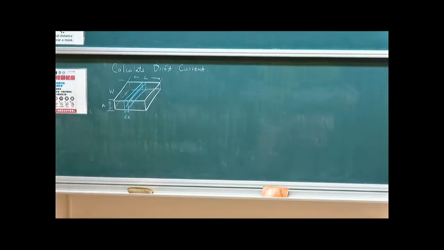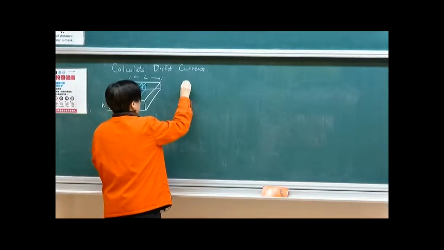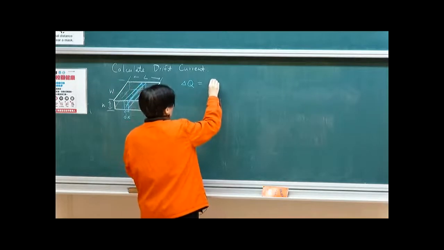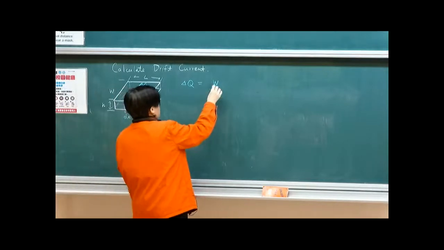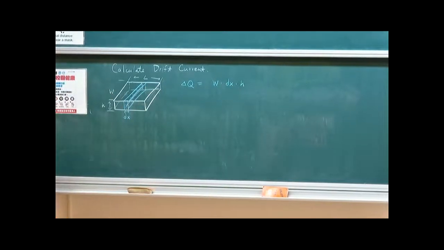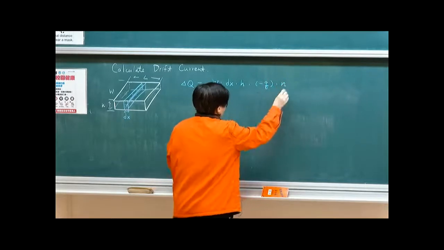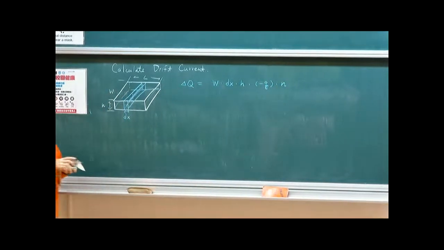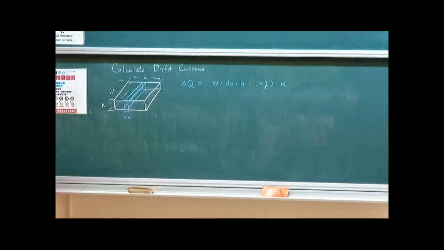The amount of charge within this box, the blue box, will be delta Q. It will depend on the total volume of this block, which is W times delta X times H, and times the amount of charge, which is minus q. Let's use the N-type semiconductor. So the density of carriers, the amount of charge it contains, and the volume of this region will give you the delta Q within this blue box.